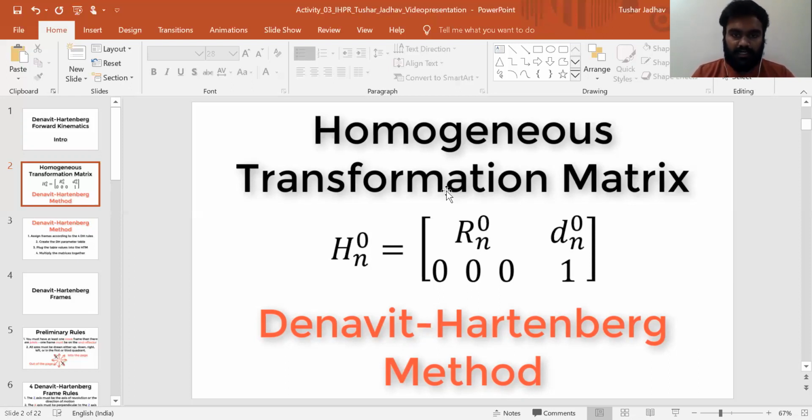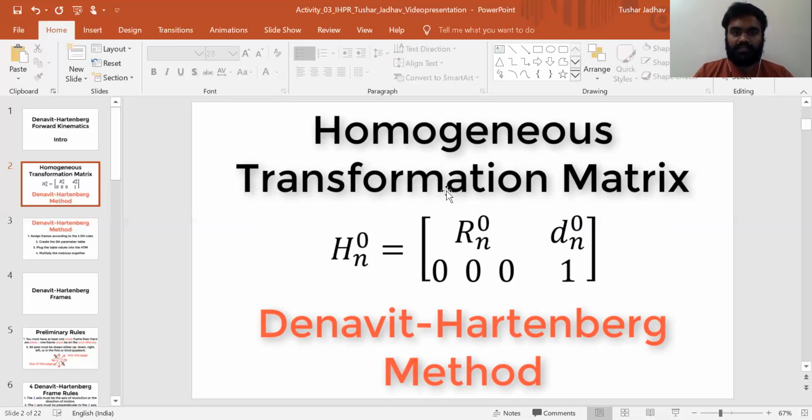Now, what exactly are the rotation matrix and displacement matrix? In the rotation matrix, as you know, many angles are stored. The angle between two links, like if you have one link here and one link here, the angle between the two links is stored in that rotation matrix.